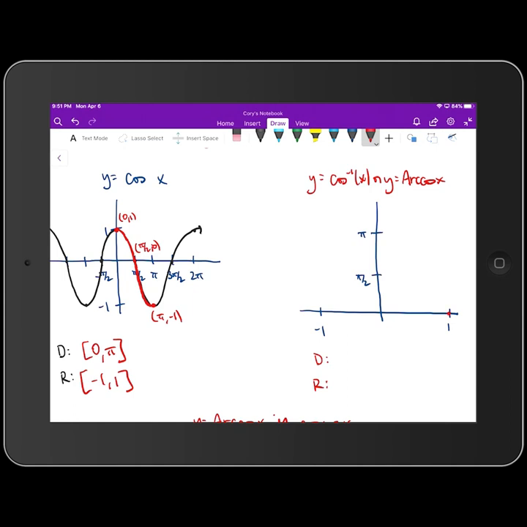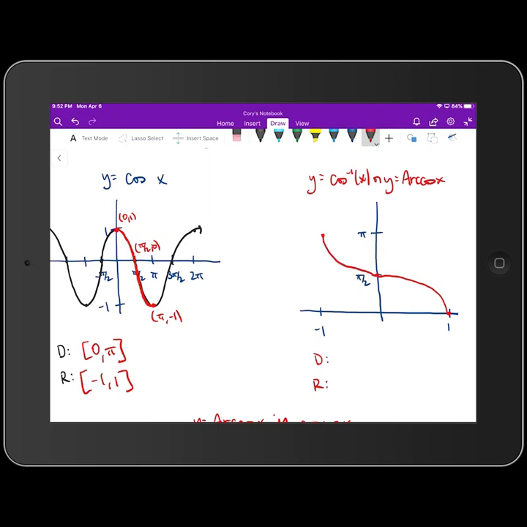The ordered pair (π/2, 0) gives us the point (0, π/2). And when we take the point (π, -1) and switch the x and y coordinates, we get the ordered pair (-1, π). Then when we take that graph and reflect it about the line y is equal to x, our resulting graph of the inverse function is going to look like that right there.